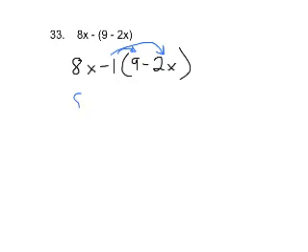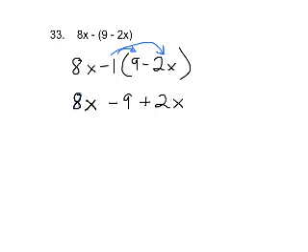First, we'll just rewrite our 8x. Negative 1 times 9 is a negative 9. Negative 1 times a negative 2x is positive 2x. Now I'm going to combine like terms.